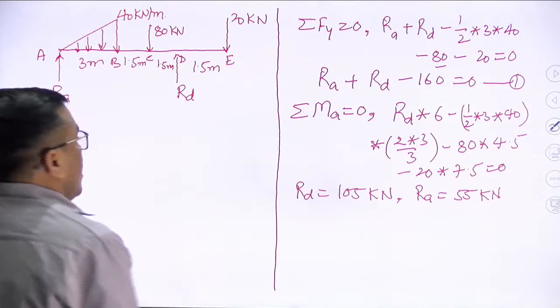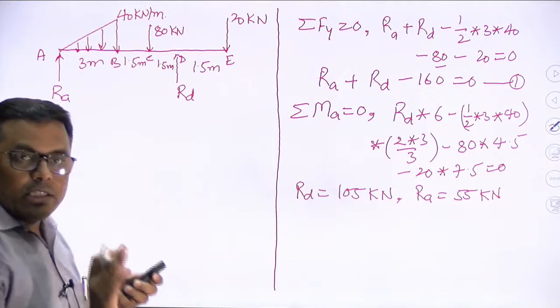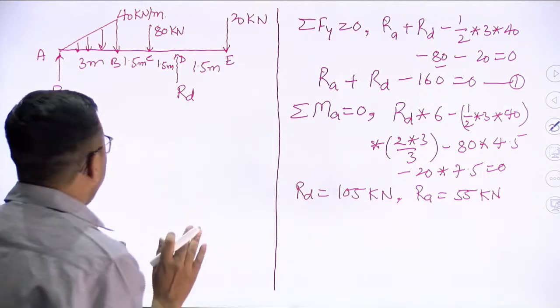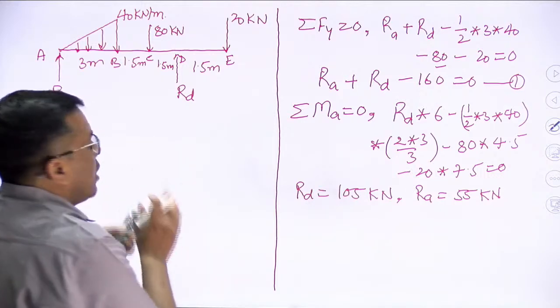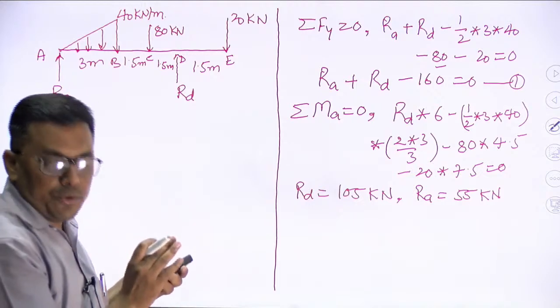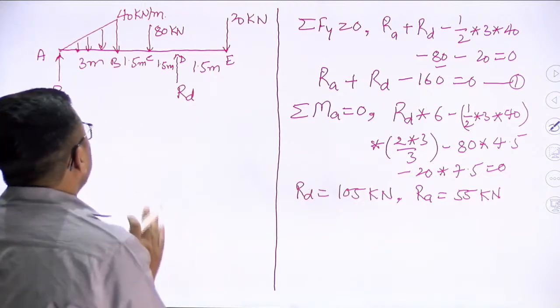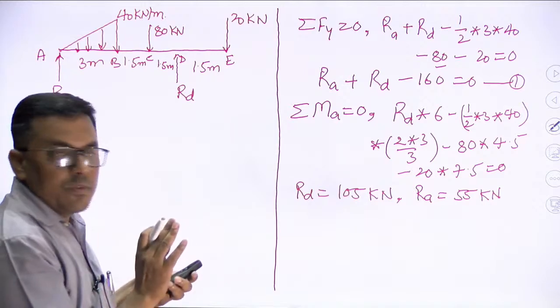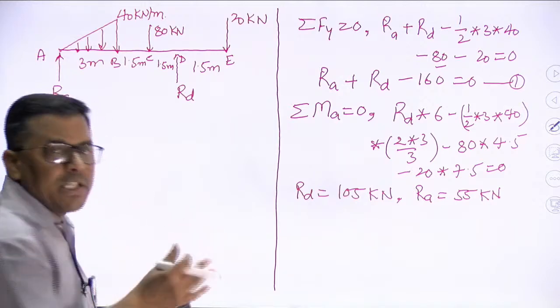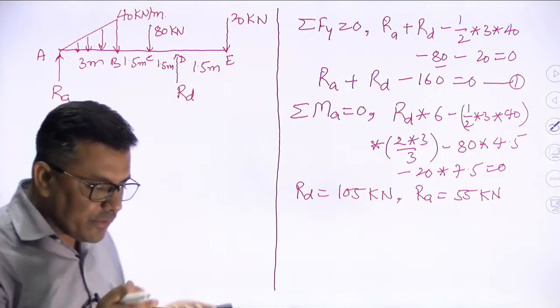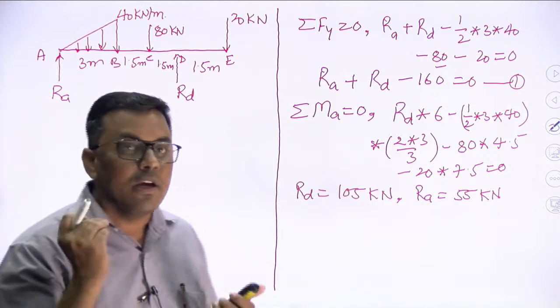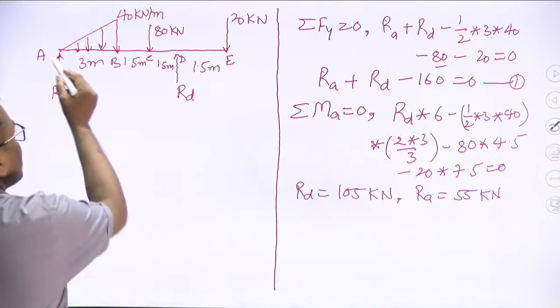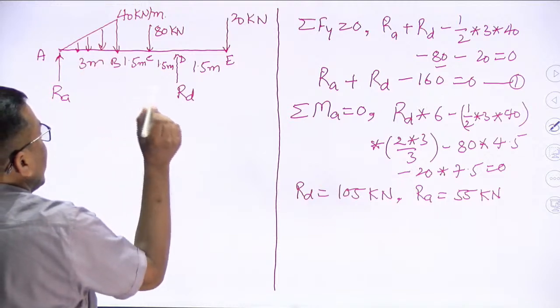Now for drawing the shear force and bending moment diagram and for analyzing this particular beam, what do I need to do? Now I need to do the sectioning of this beam. So how many sections are required? Many students ask, sir, how do you decide how many sections to put? Nothing special: wherever you are finding any change.